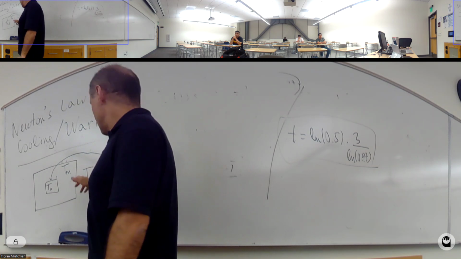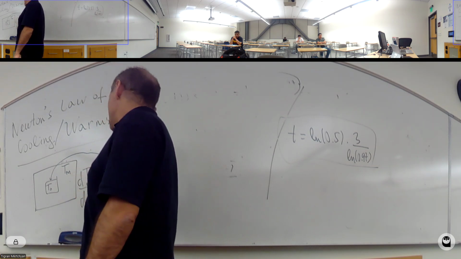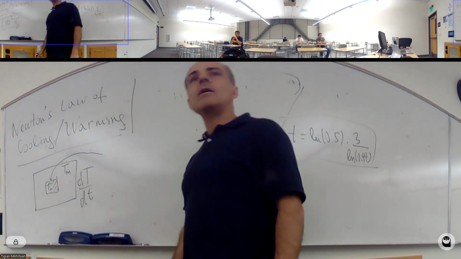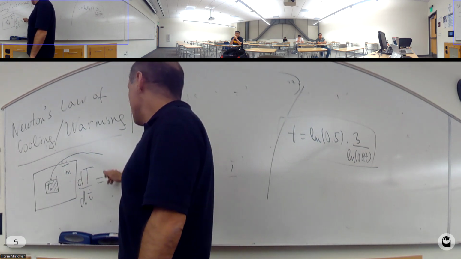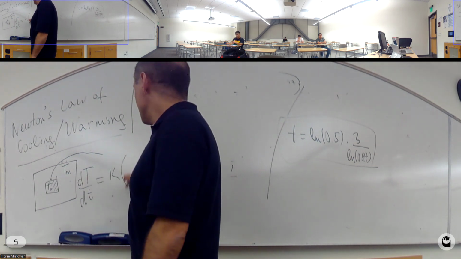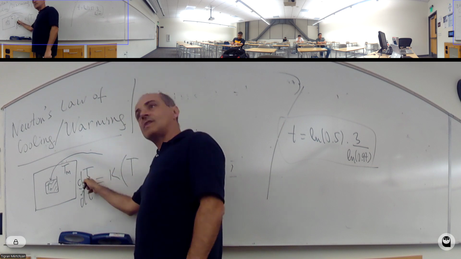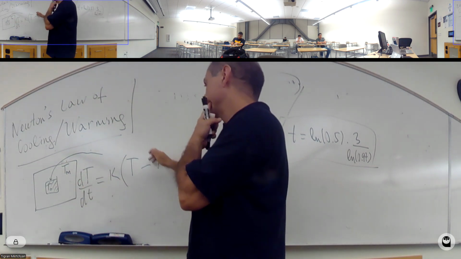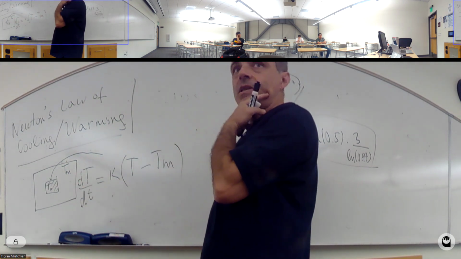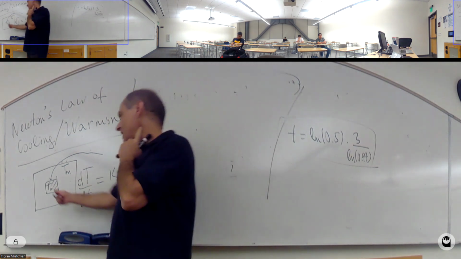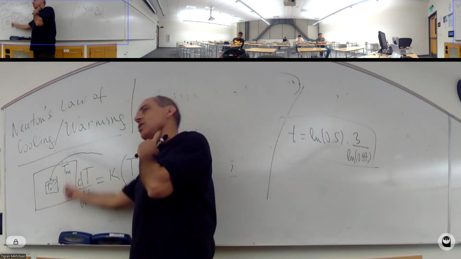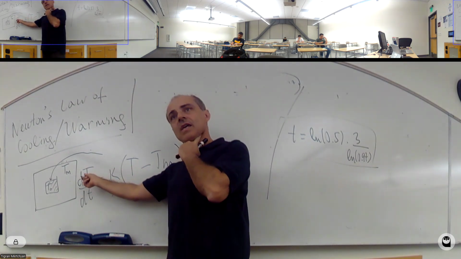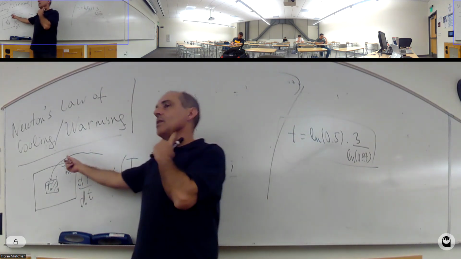So the Newton's law says the rate of change of temperature of that guy equals some constant K times T, the temperature itself, minus the temperature of that room. This is Newton's law. The rate of change of the temperature is some constant times the temperature itself of that thing minus the temperature of this new environment.